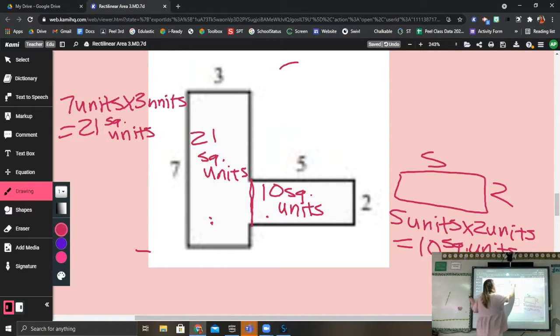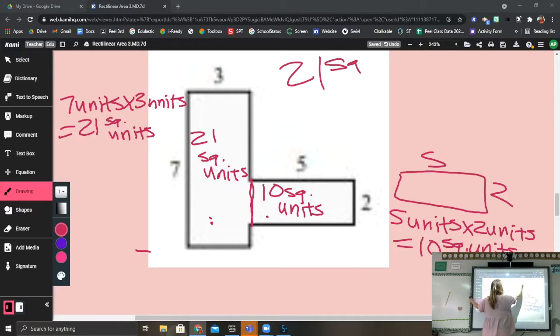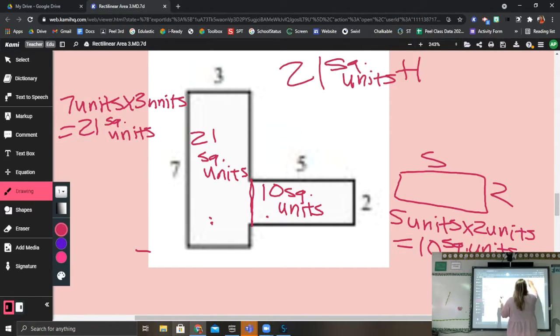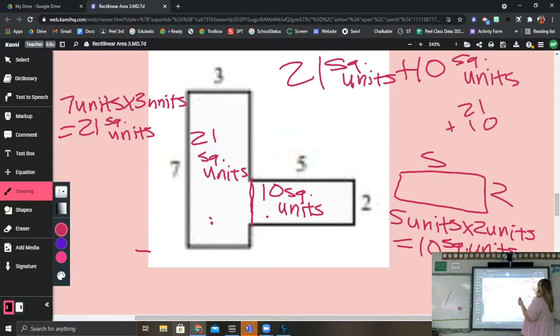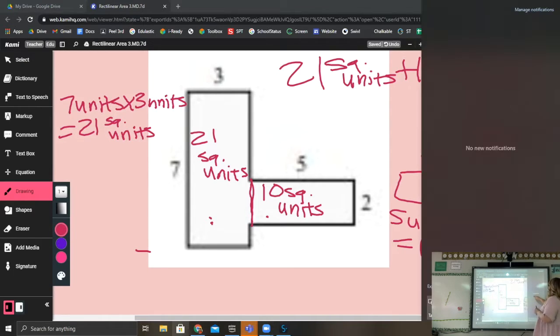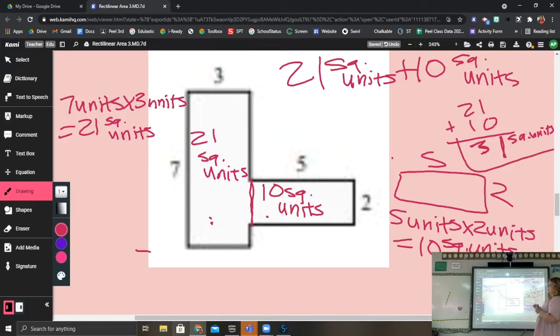We have 21 square units plus 10 square units. And when you add 21 plus 10 together, you're going to get 31 square units because 1 plus 0 is 1 and 2 plus 1 is 3. So we get 31 square units. And so our combined rectilinear area should have been 31 square units.